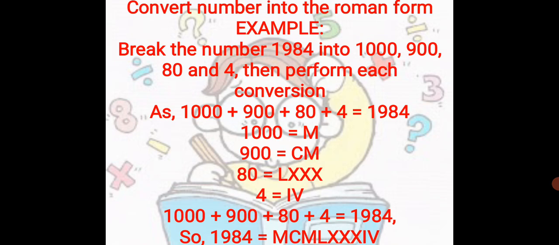So, I have written this as 1000 plus 900 plus 80 plus 4, altogether 1984.